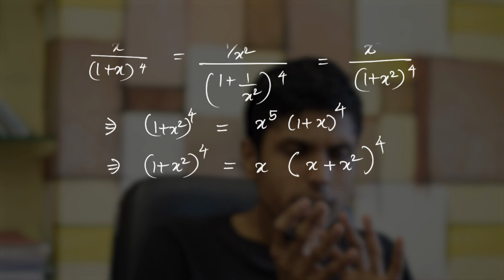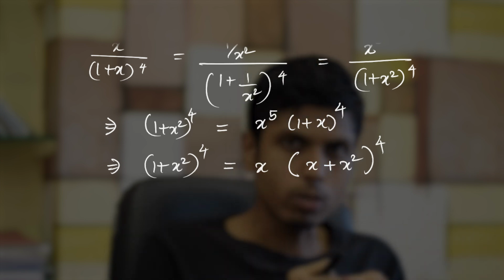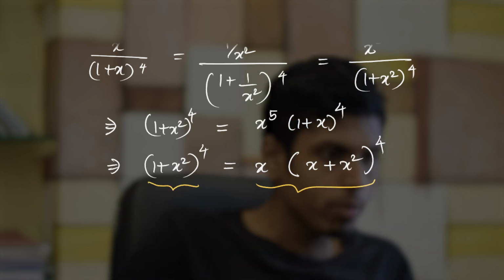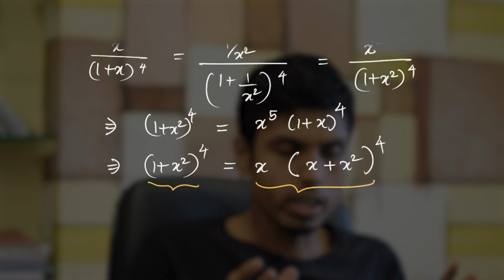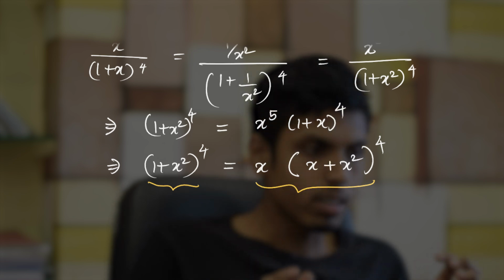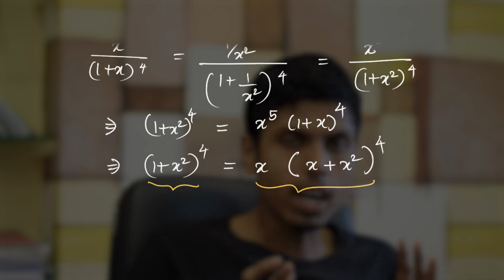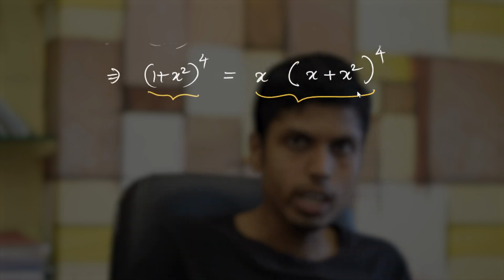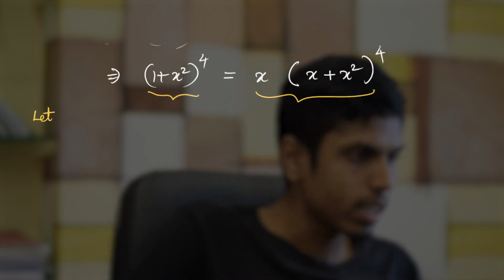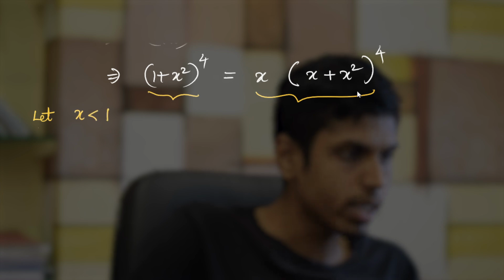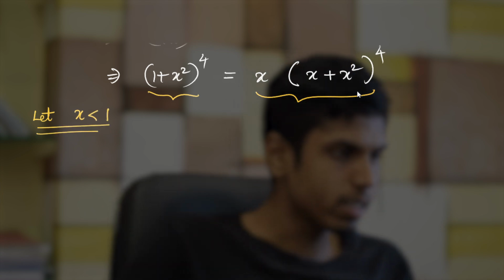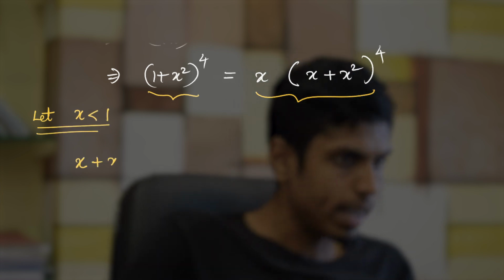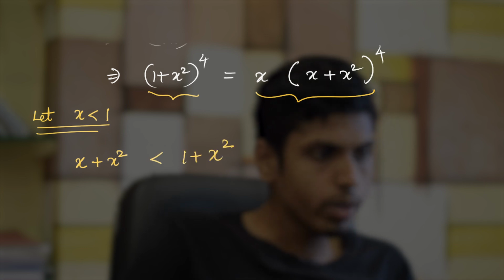Let's now use some inequalities to arrive at some conclusion, because these two can be compared in a different way when x is less than 1 and greater than 1. They can't be equal. So let's do that. How to invoke inequality here? Let us assume x to be less than 1. Alright, if x is less than 1, let's add x squared to both sides. It will still be lesser.